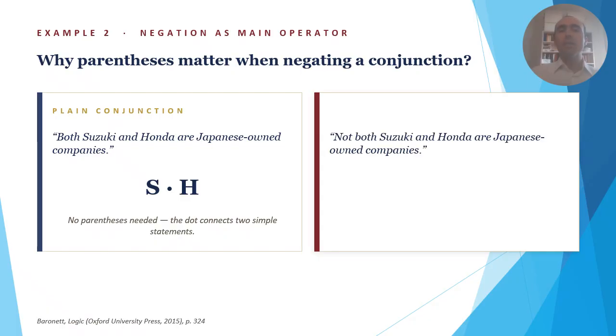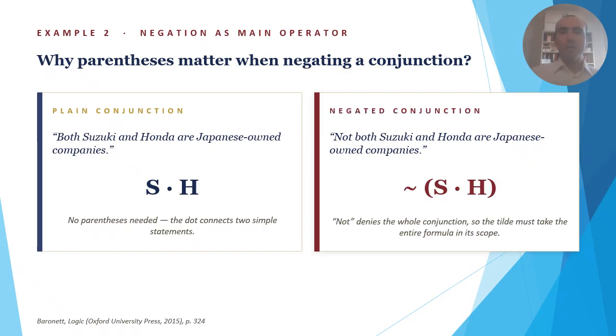Now let's translate the following sentence. Not both Suzuki and Honda are Japanese-owned companies. We translate this sentence as follows. Tilde, parenthesis, S dot H, parenthesis. Not denies the whole conjunction, both Suzuki and Honda are Japanese-owned companies.